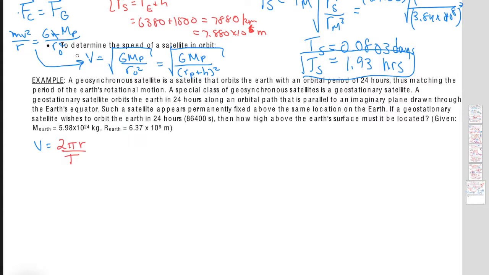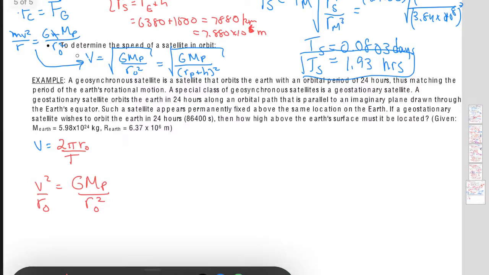But we know that's going to equal, and this is our orbital radius, we also have the centripetal acceleration, so we can say v squared over r equals G mass of the planet over r squared, and this is all orbital. Now I can clean this up a little bit.